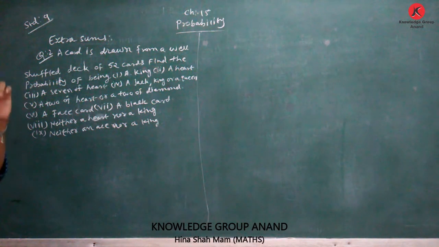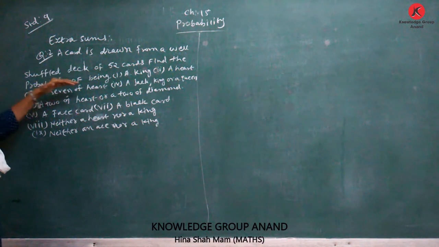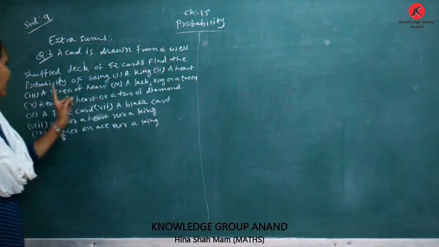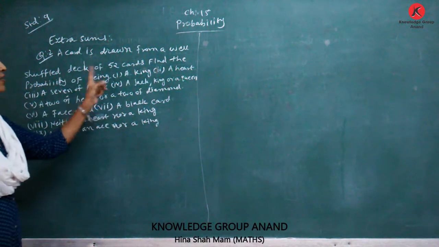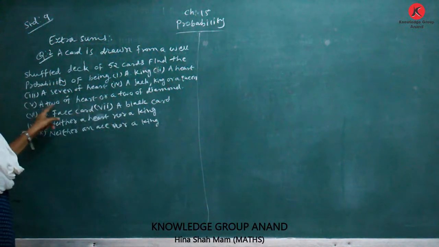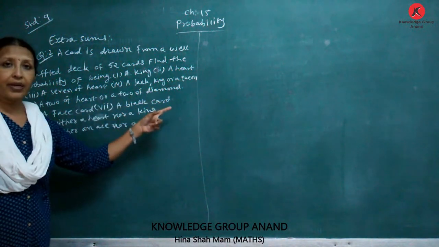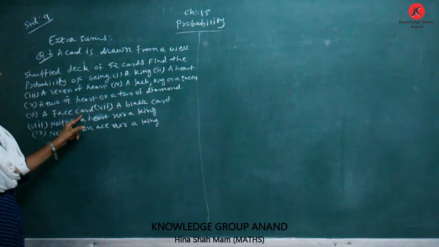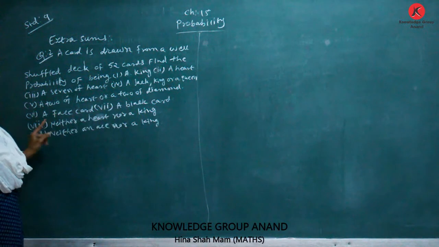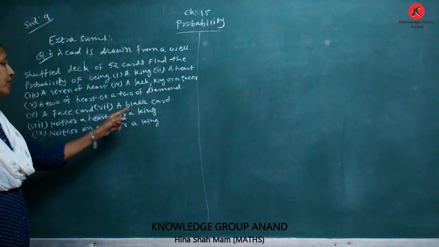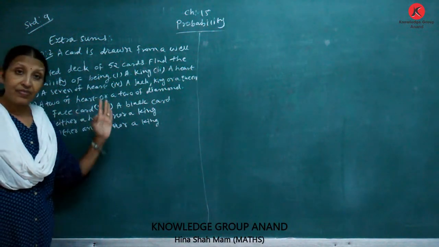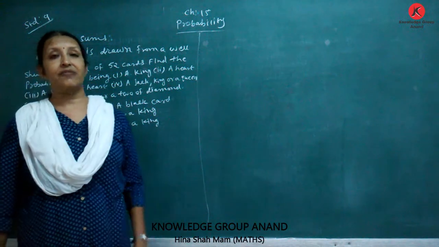Find the probability of being: number 1, a king; 2, a heart; 3, a 7 of heart; 4, a jack, king or a queen; 5th, a 2 of heart or a 2 of diamond; 6, a face card; 7, a black card; 8, neither a heart nor a king; and 9, neither an ace nor a king. We find 9 probabilities of this event.